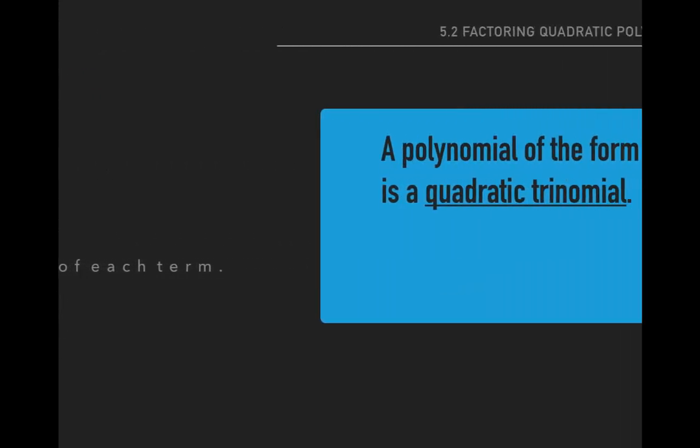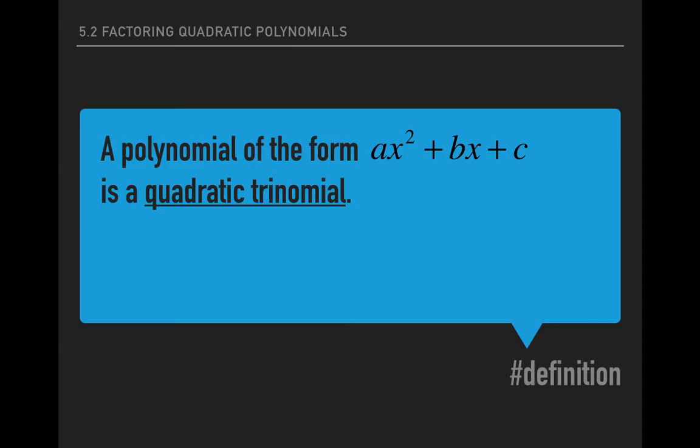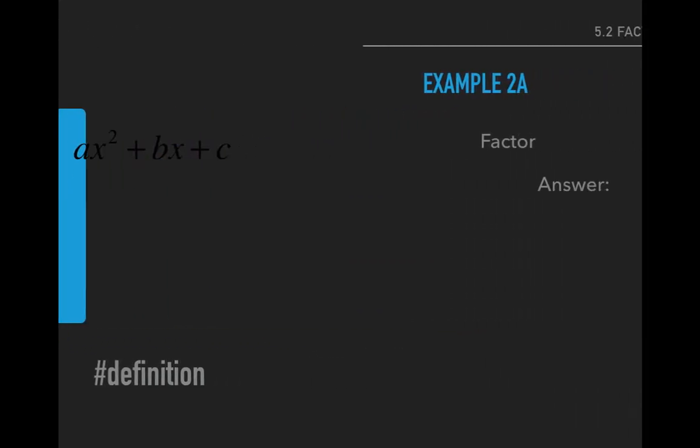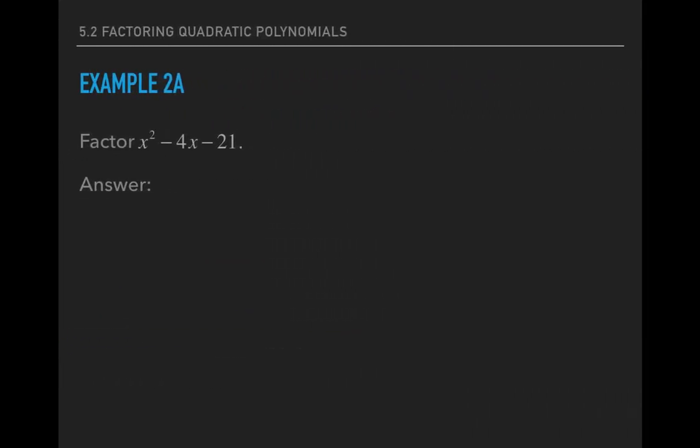All right, now a polynomial, when it is in this form, ax squared plus bx plus c, is called a quadratic trinomial. And we can factor quadratic trinomials. These are kind of like what you saw a lot of in that first lesson. And so we're trying to undo the foiling method.